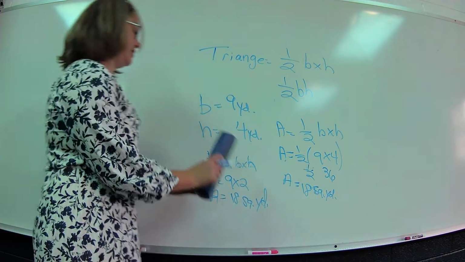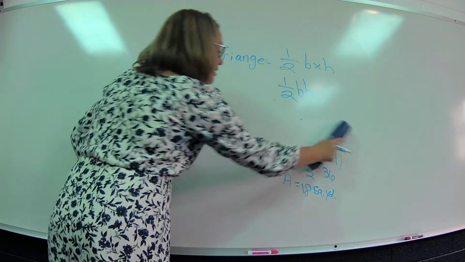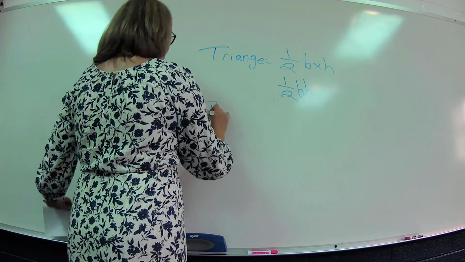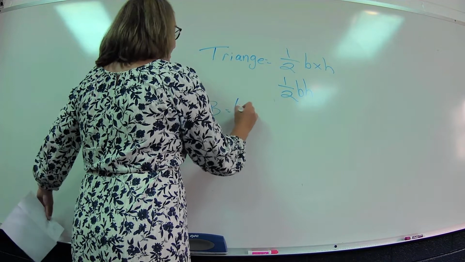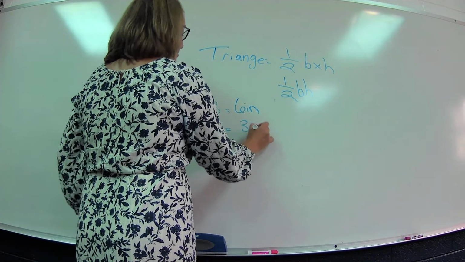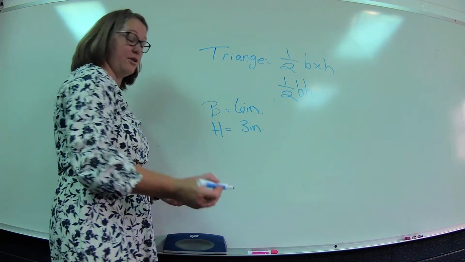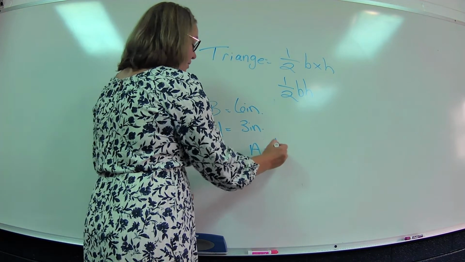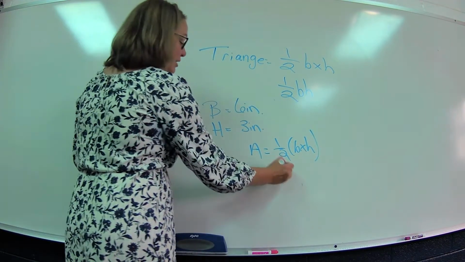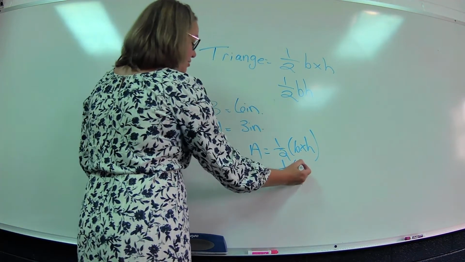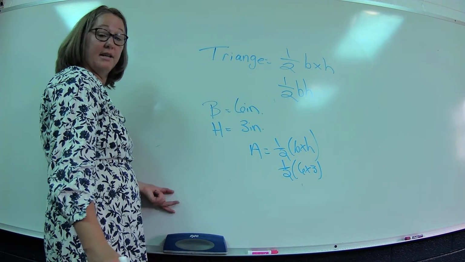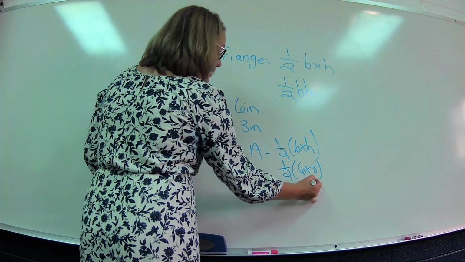All right, let's look at one more quick one for a triangle. This time your base is 6 inches and your height is 3 inches. So my formula, 1/2 base times height. I can do 6 times 3. 6 times 3 is 18.